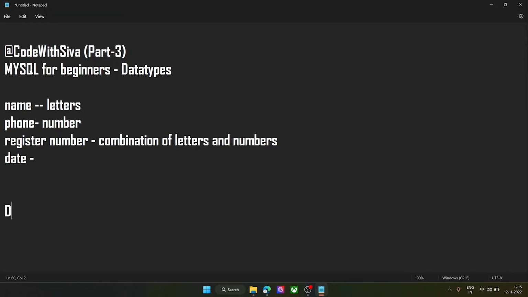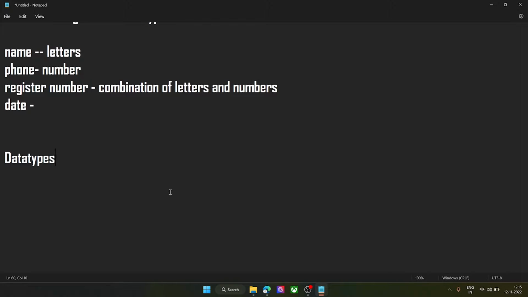Data types in MySQL are categorized into three types. The first is numeric data type, the second is non-numeric data type, and the third one is date and time.